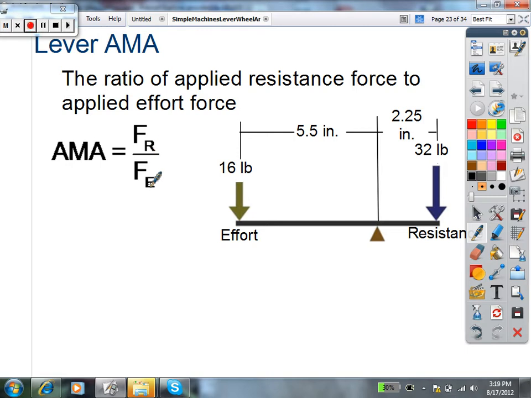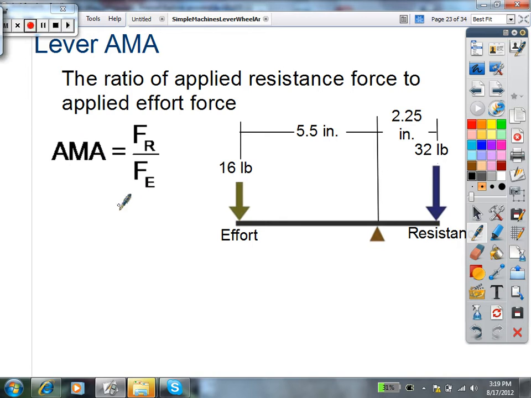So this is something that you measure. It's not something that you calculate. You measure by creating a system, and you put a weight on that weighs 32 pounds, and you see the actual amount of force that you need to support that weight based on a distance of 5.5 inches away.